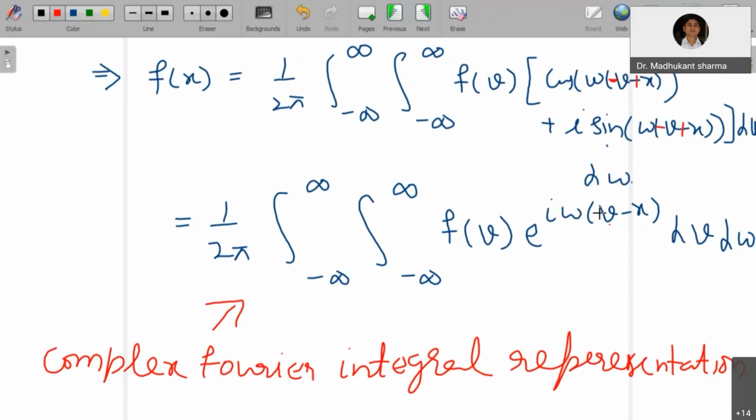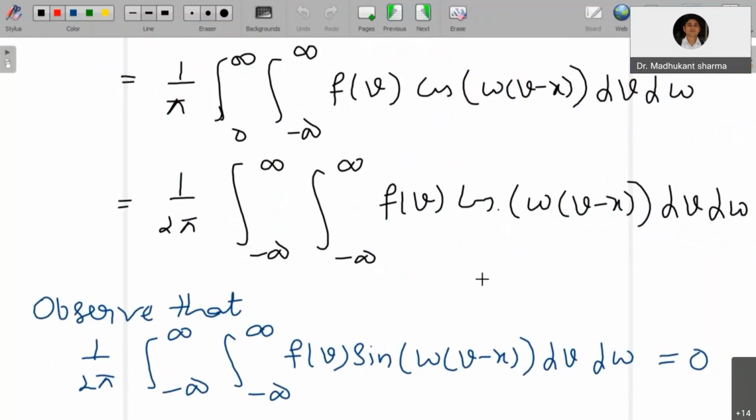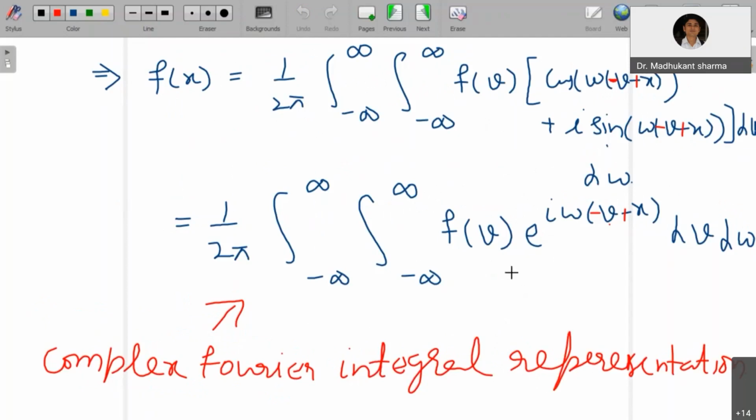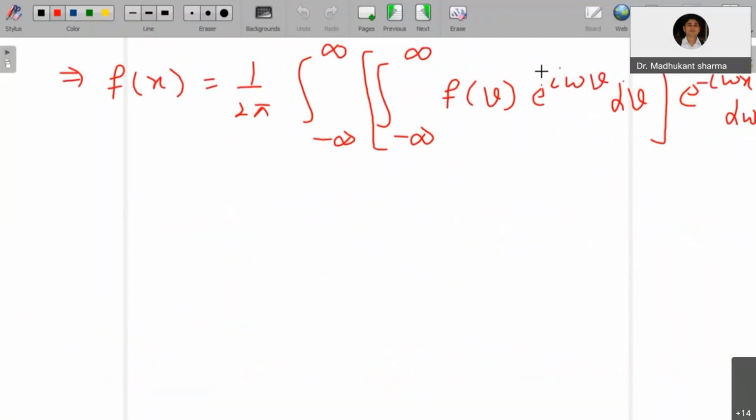I just wish to match the textbook notations, but it really doesn't matter, because the situation will be similar. Sine of minus theta is minus sine theta, and cos of minus theta is cos theta. So it really doesn't matter whether you write v minus x or x minus v. Here I just wish to make it minus, and here I must make it plus.